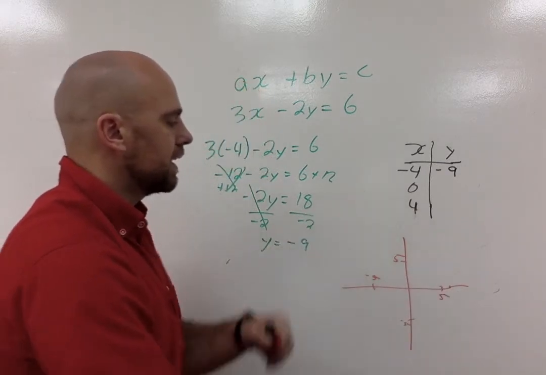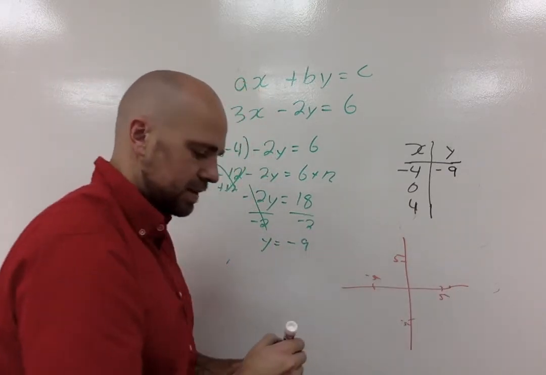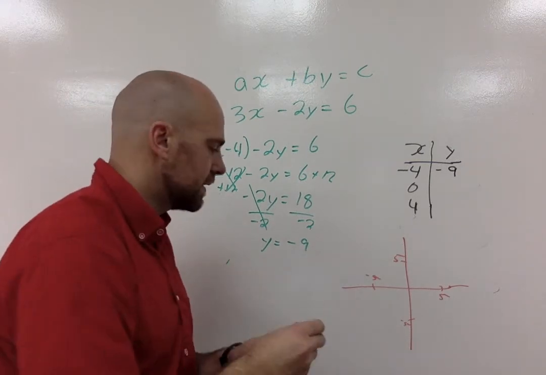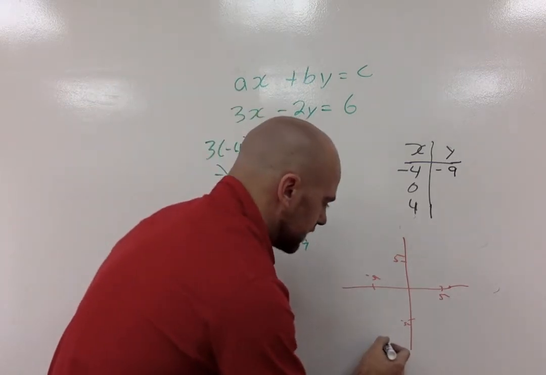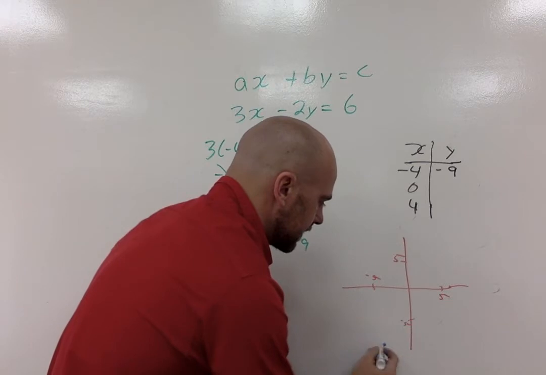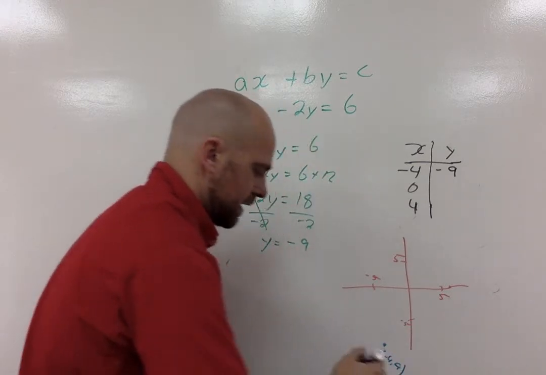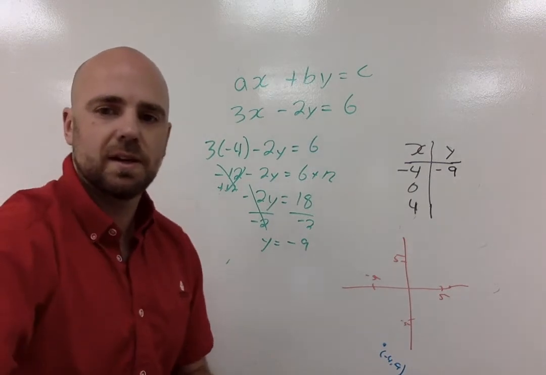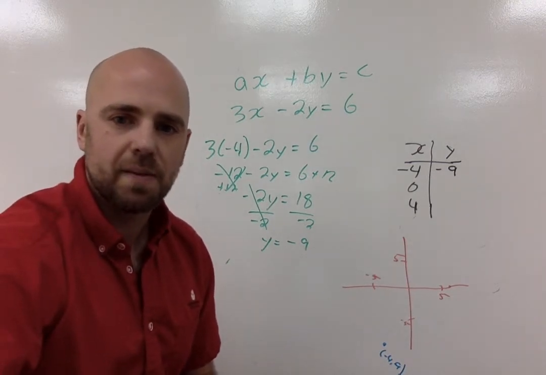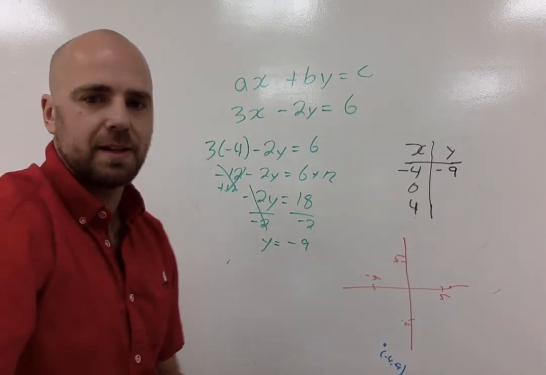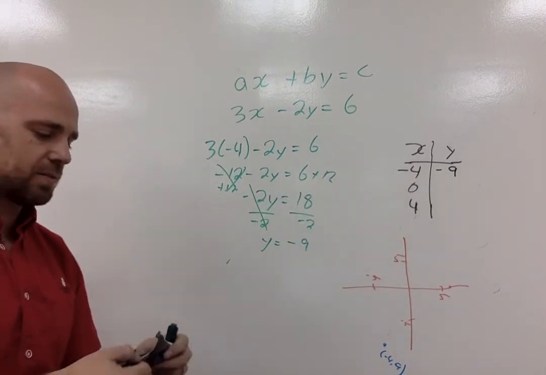So at -4, let's use blue to graph it. -4 is going to be down here at -9. So this ordered pair is -4, -9. Hopefully you guys can see that. I'm going to see where that can take me. So that was my calculation for my first one.